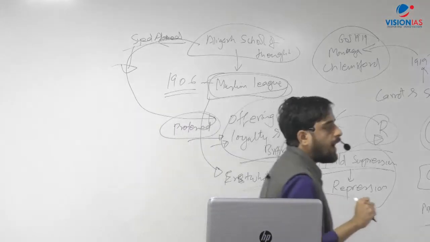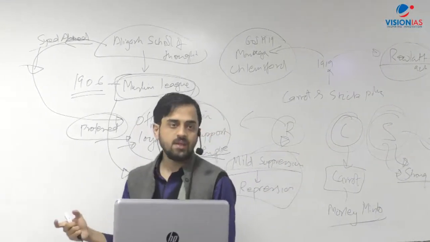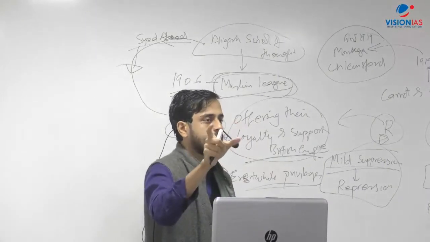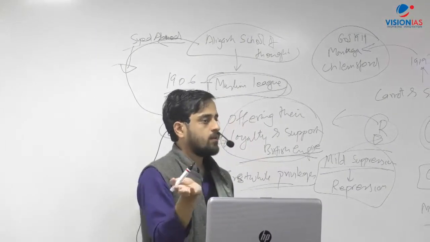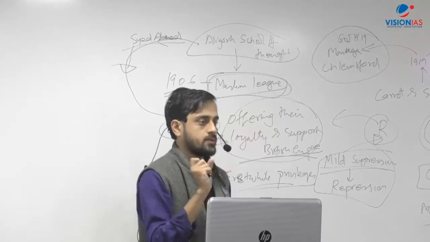Now, when this happened, the British were very happy in many ways to find that there was a section of political elites within the Indian population which did not agree with the Congress.